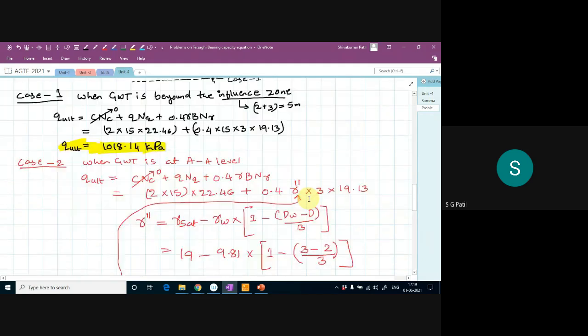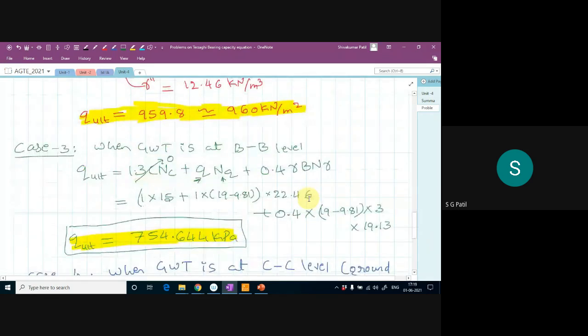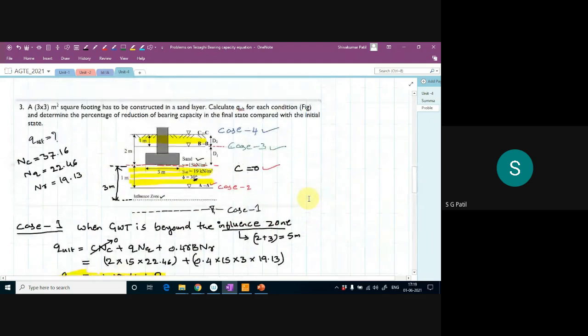Okay, so any doubt regarding this problem? Any doubts are there? Please respond, anybody.